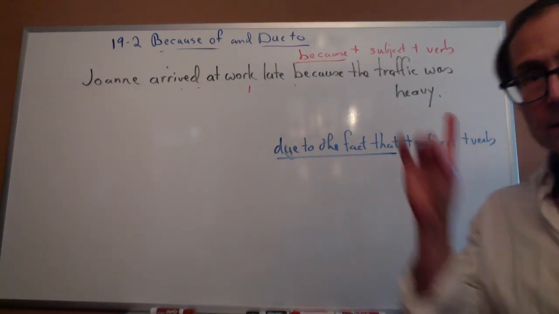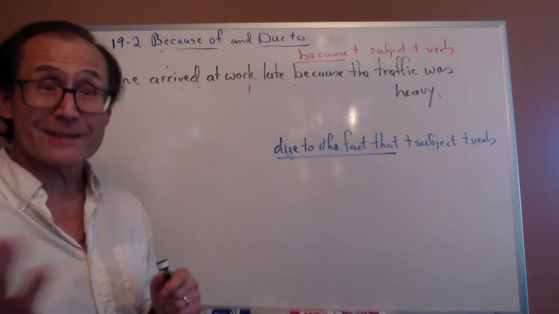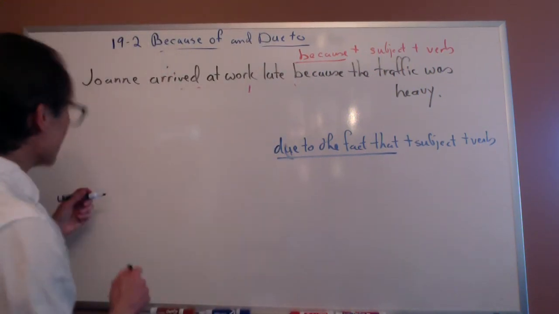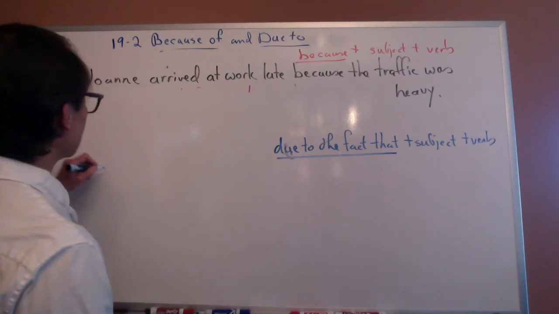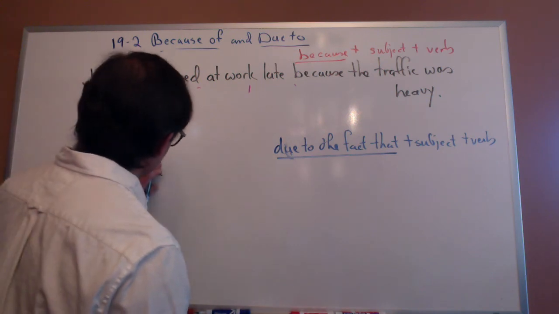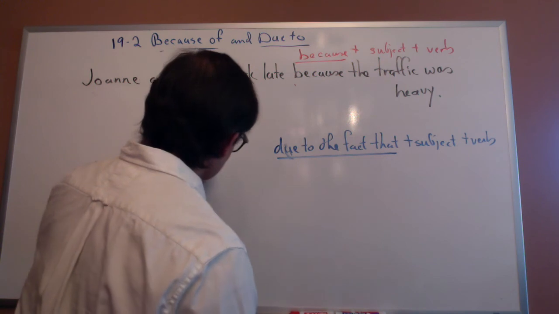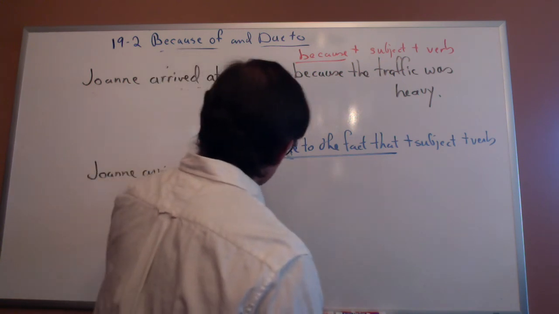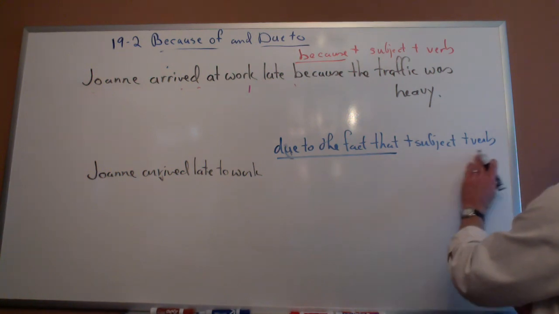Let me write an example sentence on the board. So this would be a sentence like this. Joanne arrived late to work, and then I'd say due to the fact that plus subject plus verb.